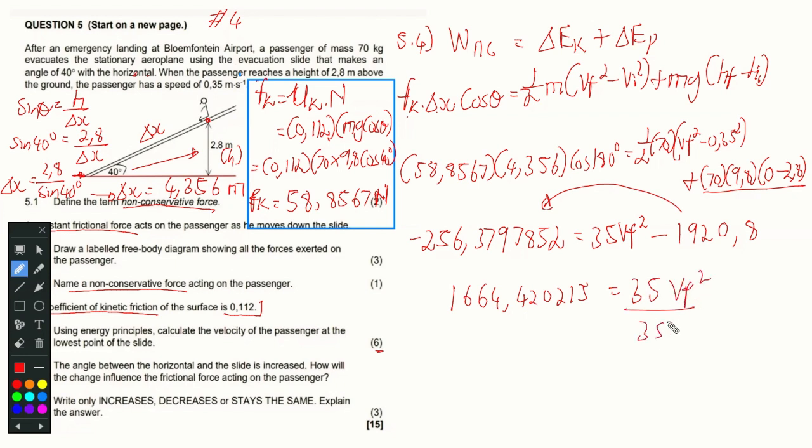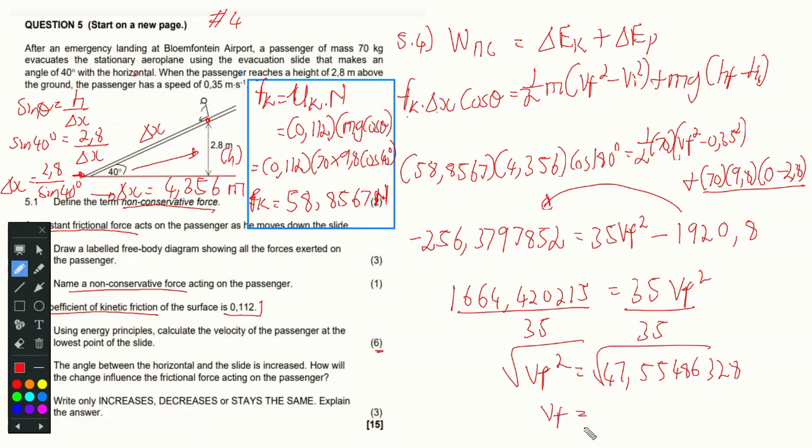Then we can divide both sides by 35. And then VF squared becomes what? That divided by 35 is 47.55486328. And then I can square root both sides, and my final velocity is 6.896.